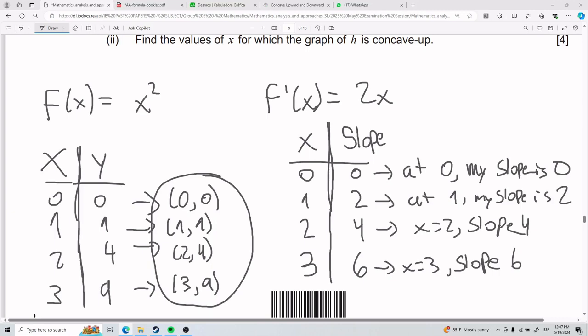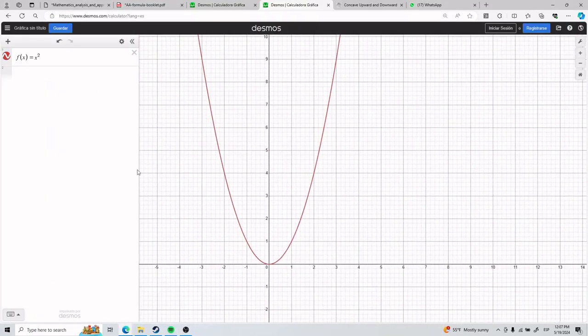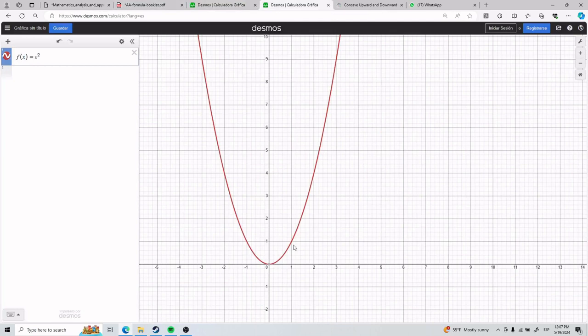Yeah, so if you look at this function here, it makes sense because we said, okay, at x equals 1, for example, our slope was 2. At x equals 2, our slope is 4. And so here, it makes sense to have a slope equal to 2 because it's positive and it's growing. And at x equals 2, would you say that it's growing much faster?